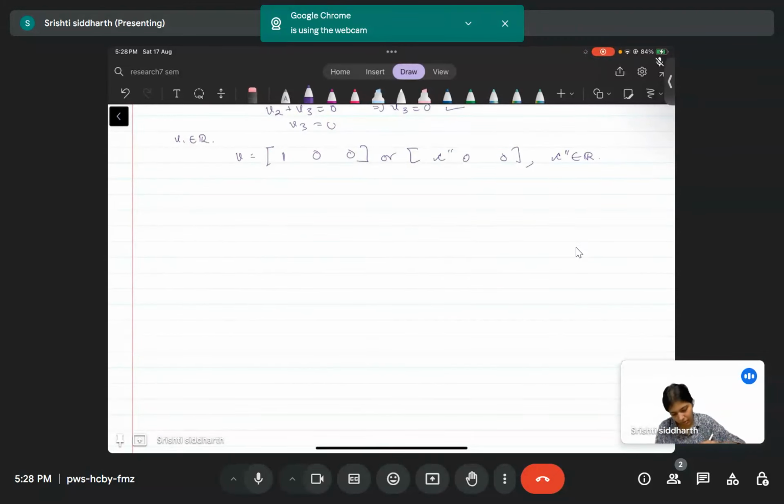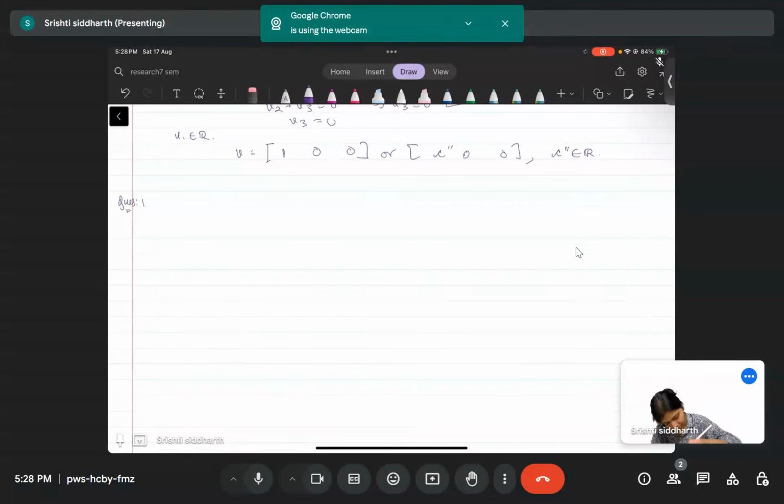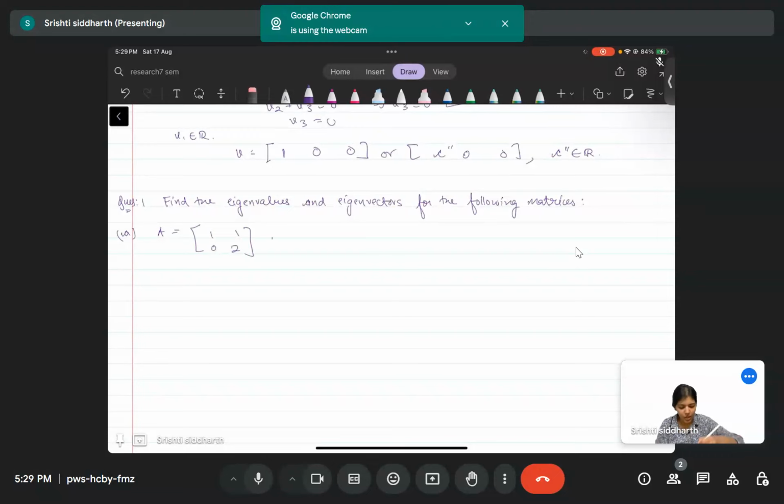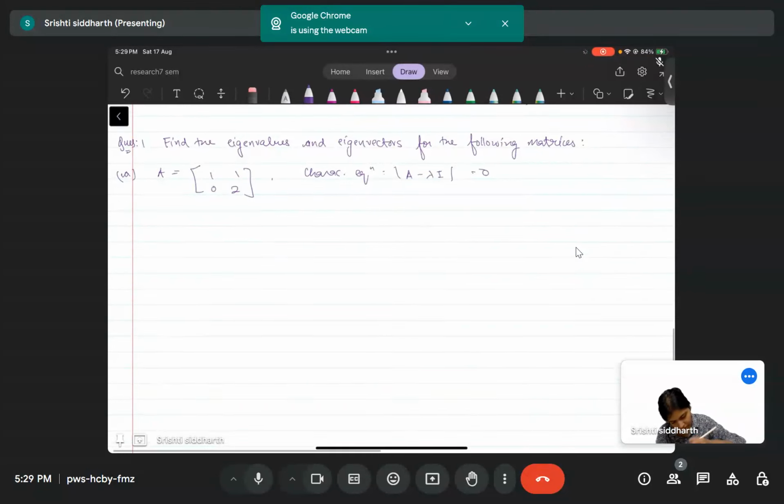Questions involving the computation of eigenvalues and eigenvectors. And the rest of the elements of the A matrix will remain as they are.